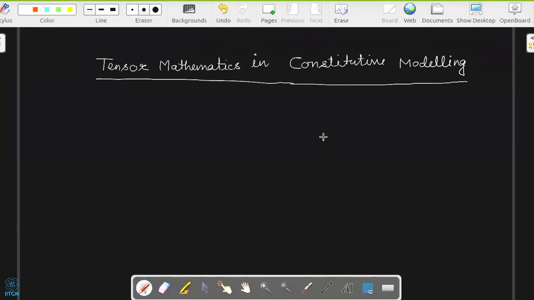Let's start the discussion. So this course is about tensor mathematics in constitutive modeling. There are two terms used in this: one is tensor mathematics, another is constitutive modeling. Before discussing what tensor mathematics and constitutive modeling are, first I'd like to discuss the mechanics you studied in your 11th standard as well as first year of engineering.